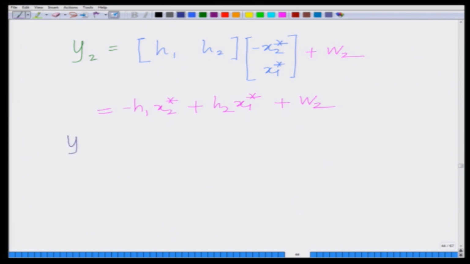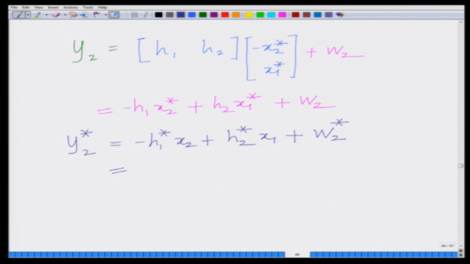Now, I can take the conjugate of y2 at the receiver. Y2 conjugate is minus h1 conjugate x2 plus h2 conjugate x1 plus w2 conjugate, where we use the property that (a b) conjugate is a conjugate times b conjugate.